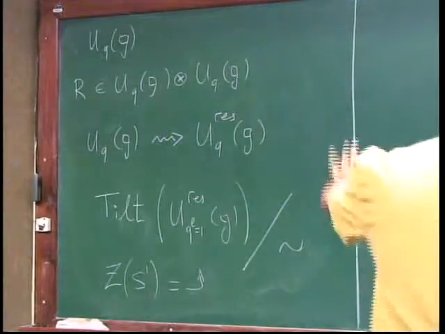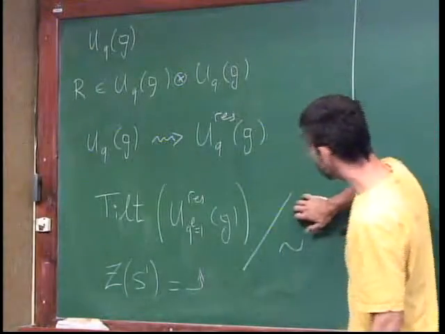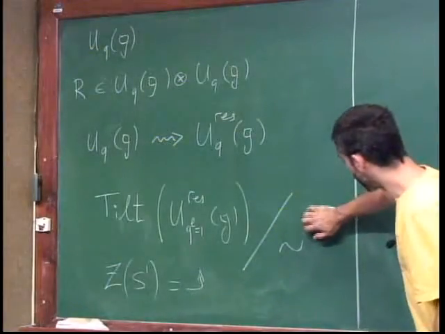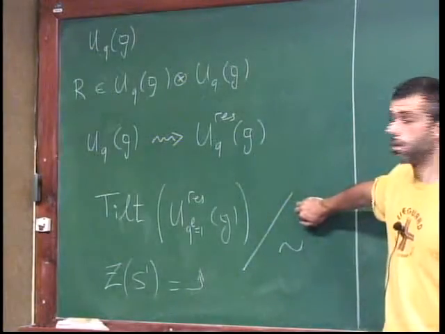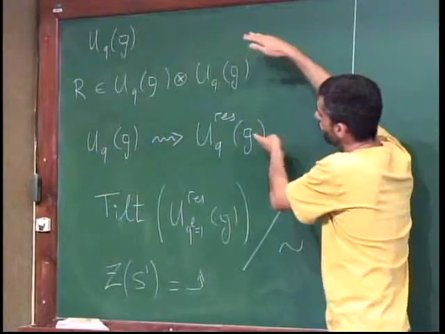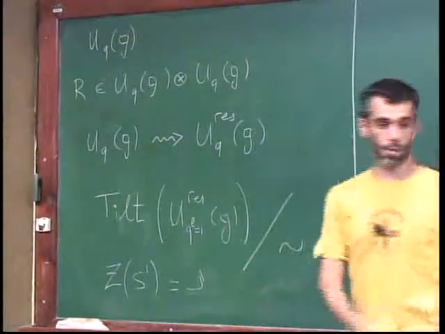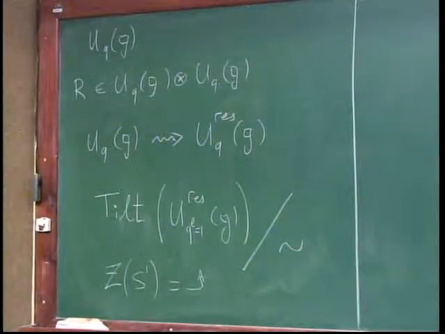But let's see, there's one structure on this that I haven't talked about, namely the ribbon structure. I haven't really told you how to build the ribbon structure in the case of quantum groups. And that's what I want to focus on right now.